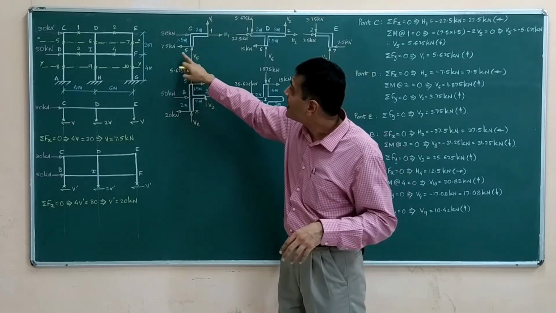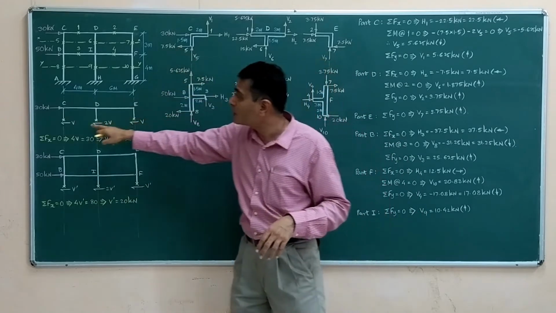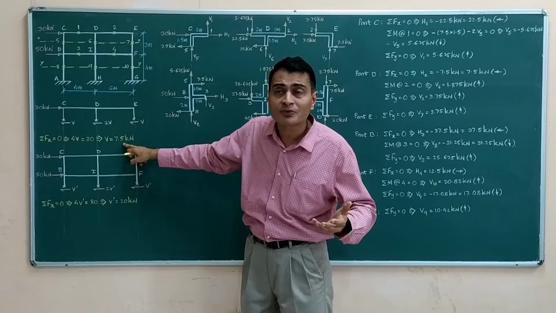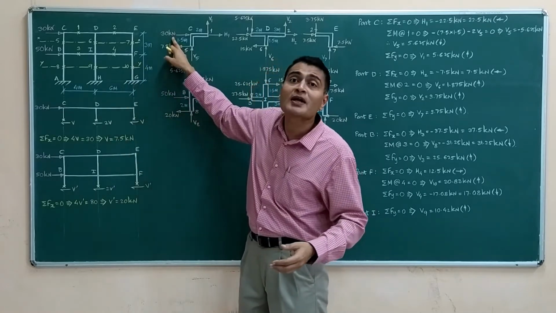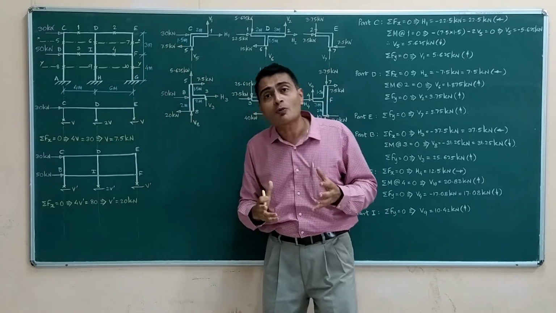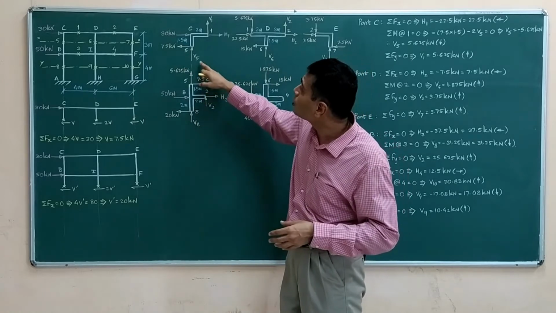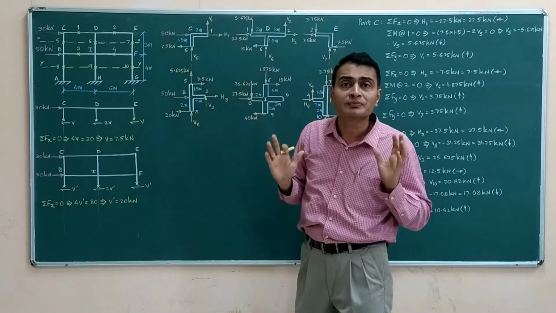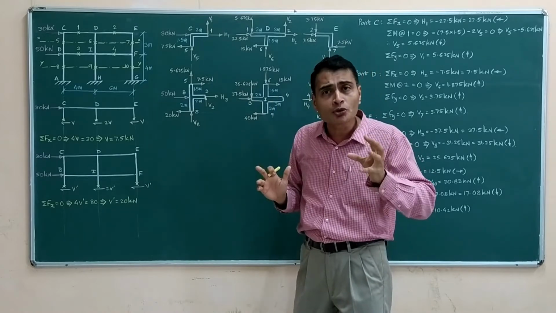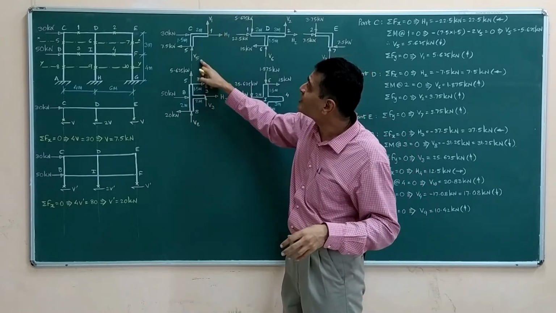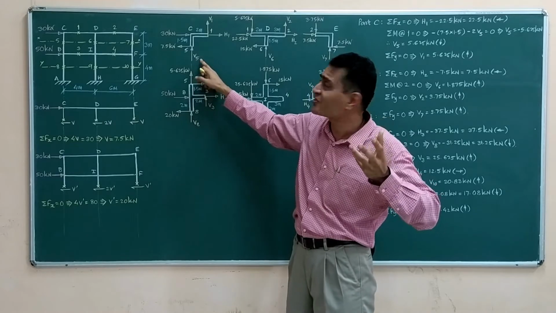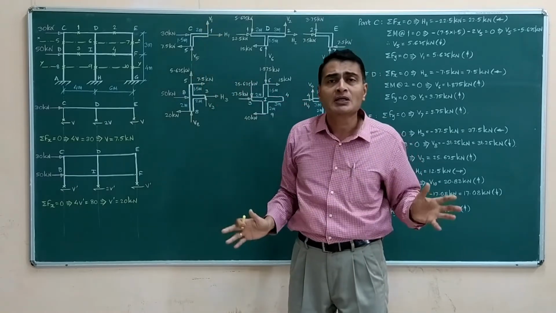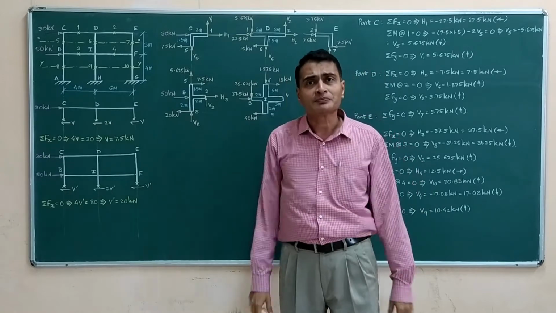Out of that, H of 5 is already known to us as 7.5 kilonewtons. 30 kilonewtons is already known to us. So what do I observe? I have only three unknowns, V5, H1 and V1. I have just shown all the positive senses, like rightwards is positive and upwards is positive. That's all. Just one method I am following.